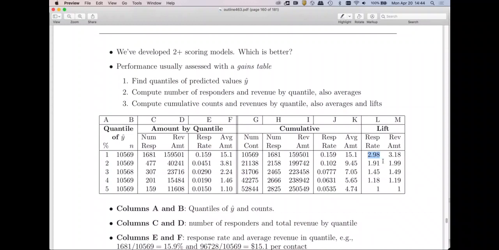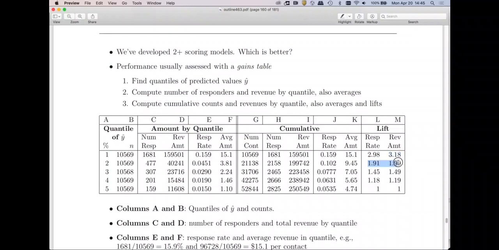So the way to think about this is the response rate that I get in this first quintile is nearly 3 times the response rate that I would get without a model. Okay, so this model is really doing a lot. It's really separating out the best customers from the not so good customers. Likewise, instead of generating $4.74, I make $15 per customer, which is over 3 times as much.